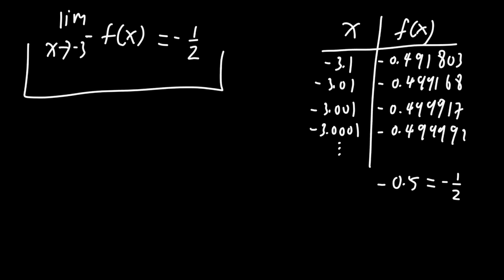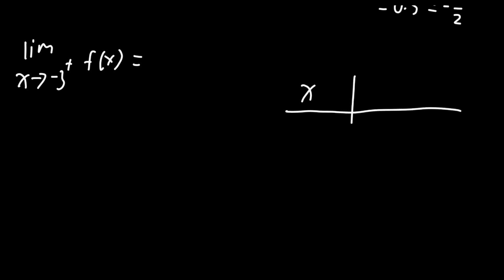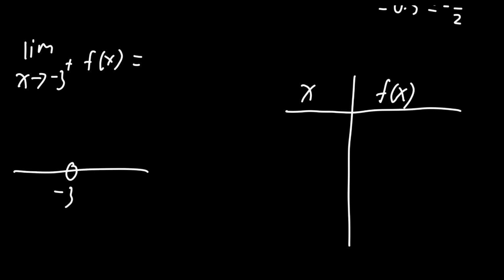Again, similarly, we want to figure out the limit from the right-hand side. We put this addition mark. Here's the function. What does that equal? So we start by constructing the table. Here's the function. Since here's the hole, we start from the right-hand side.